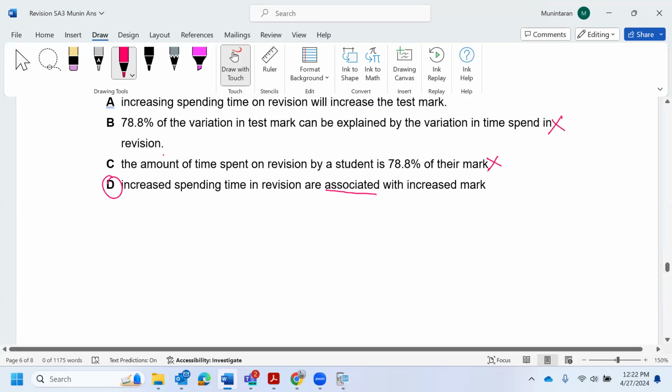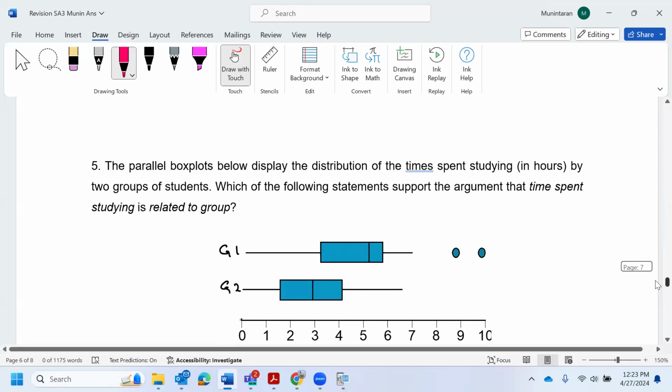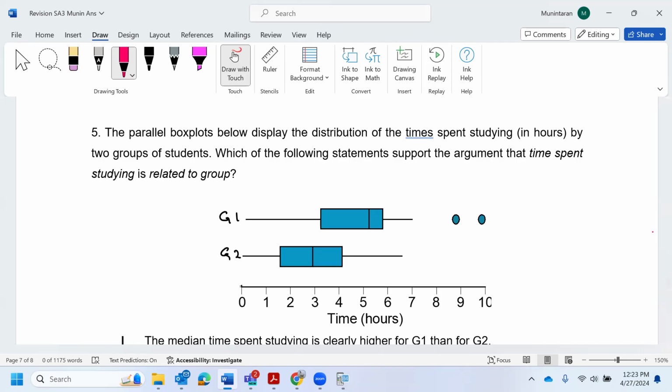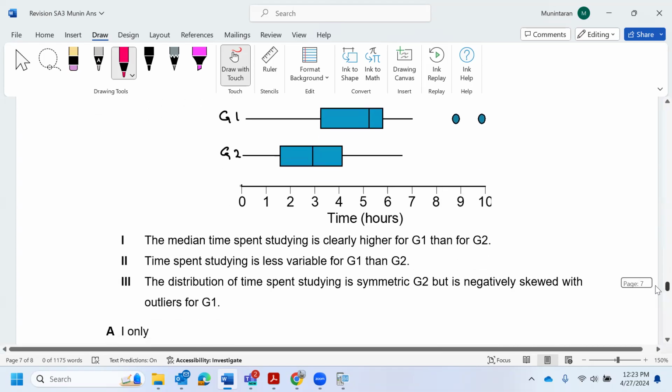We have two types of parallel box plot. We have just now also one. We have the time spent in study by the two groups of students. Which of the following supports the argument on time spent studying related to the two groups, group 1 and group 2?